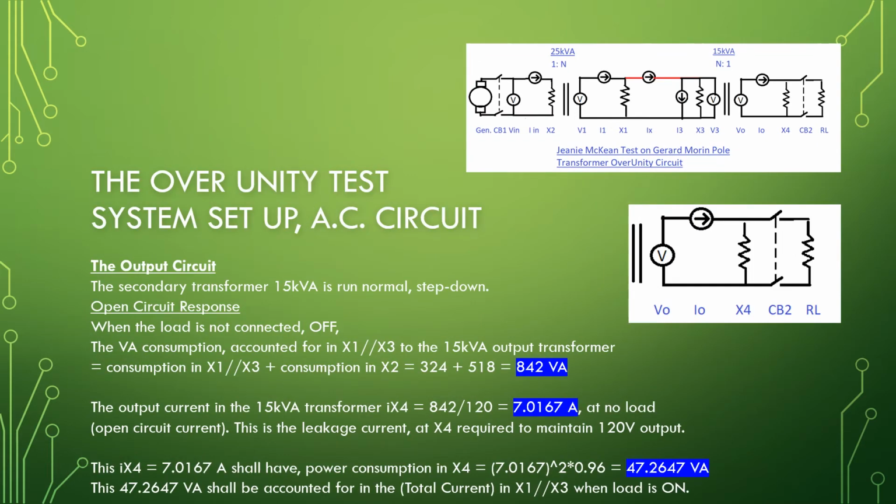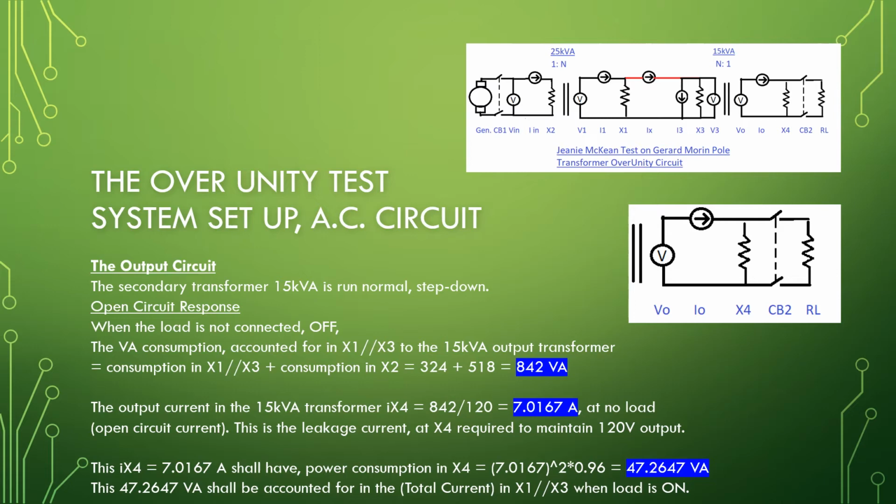The output circuit. The secondary transformer 15 kVA is run normal, step down. Open circuit response. When the load is not connected, off. The VA consumption accounted for in X1 parallel X3 to the 15 kVA output transformer equal to consumption in X1 parallel X3 plus consumption in X2 equal to 324 plus 518 equal to 842 VA.